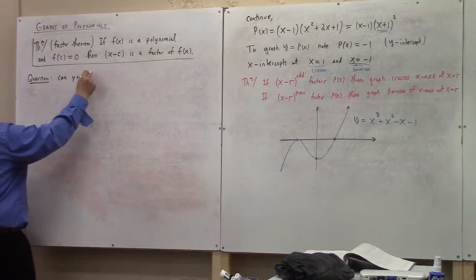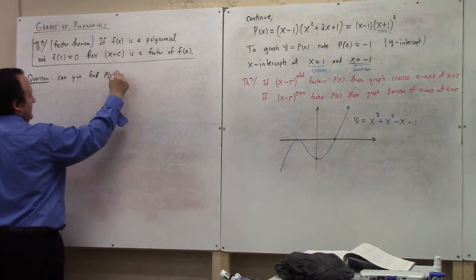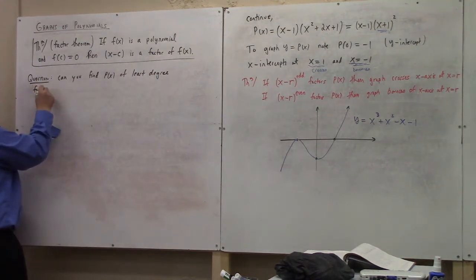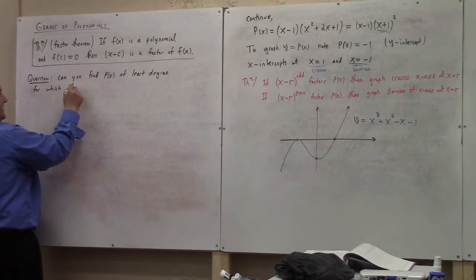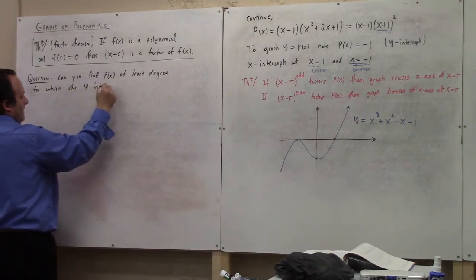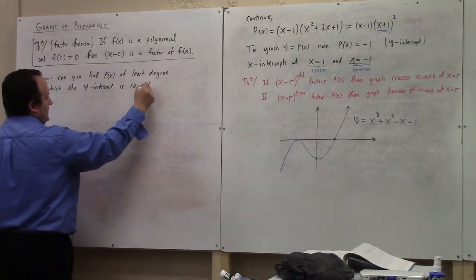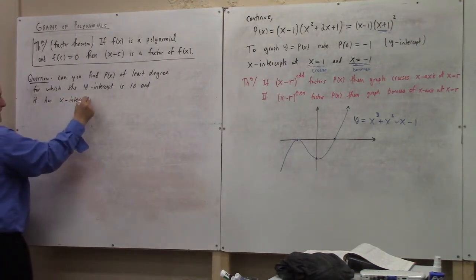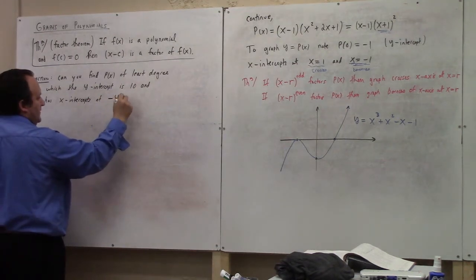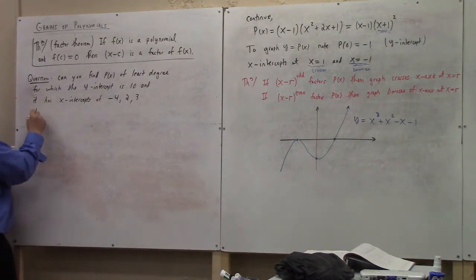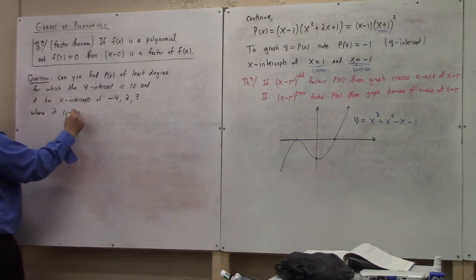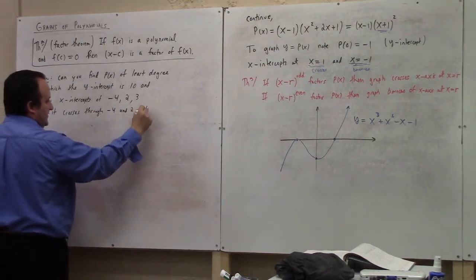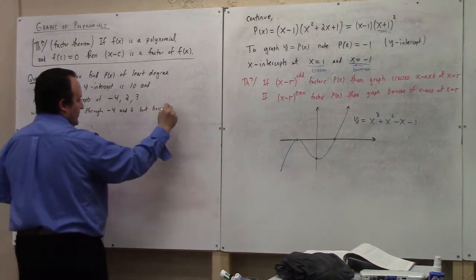Can you find P of x of least degree for which the y-intercept is 10 and it has x-intercepts of, let's say, -4, 2, and 3, where it crosses through -4 and 2, but bounces off 3?